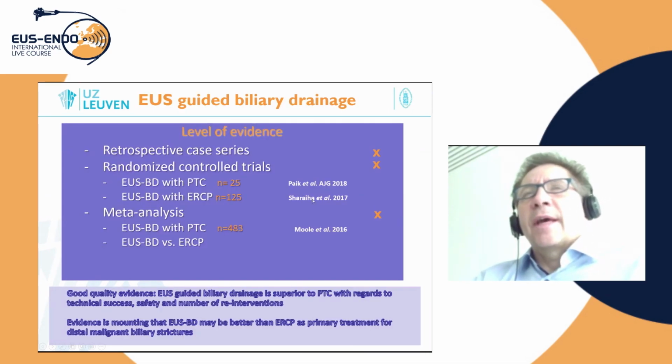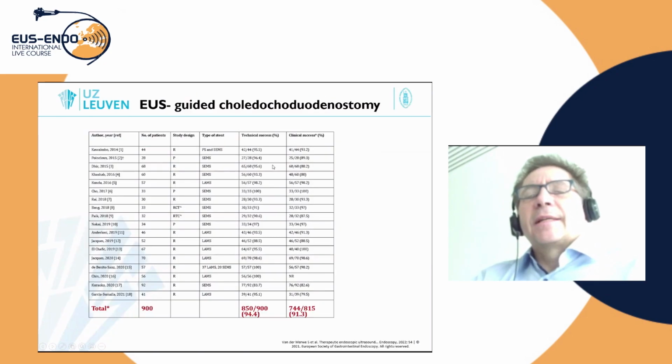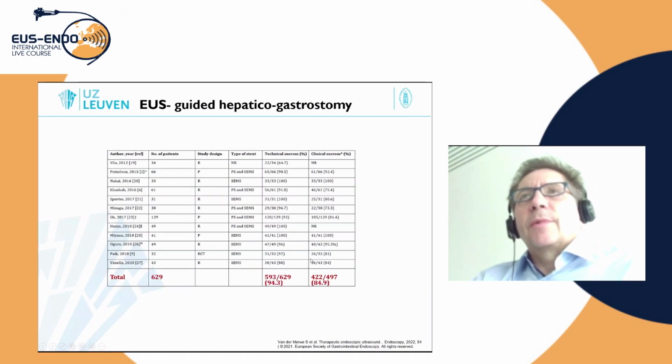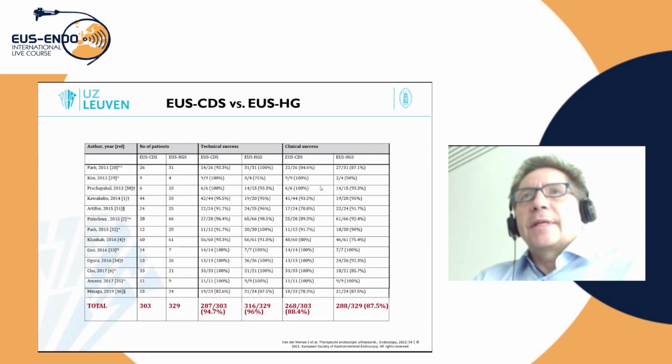So what is the evidence that we have regarding EUS-guided biliary drainage? Well, I think we now have randomized controlled trials. We've got meta-analyses, and as summarized in the ESGE publication, we now have more than 900 treated patients in studies where we can show that the technical success and clinical success are all more than 90% for choledochoduodenostomy, and similarly for hepaticogastrostomy in the setting of malignant and benign biliary disease.